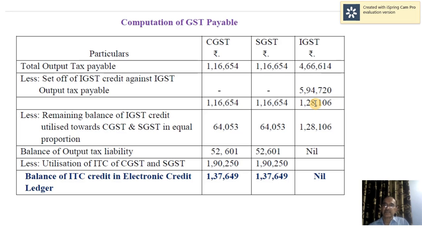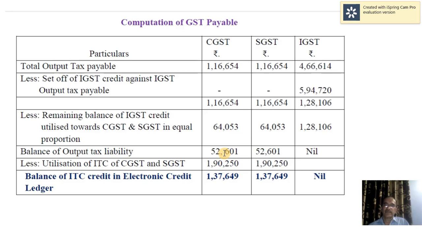So this has to be utilized towards CGST and SGST before using input tax credit of CGST and SGST. So we use it equally. But I told you already that it can be used in any order and in any proportion.